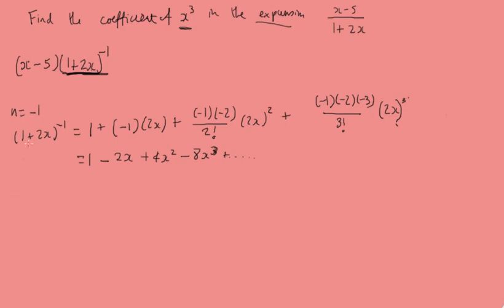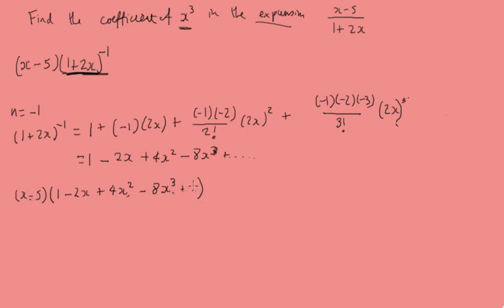Now we take what we had originally, so we had our x minus 5, and then we're multiplying it by our expansion, so we have our 1 minus 2x plus 4x squared minus 8x cubed, plus and so on. Now we have to multiply out the bracket. And because we have an x here, that's going to mean when we multiply this, we're going to get another x cubed. And when we multiply this by this, we'll have an x cubed here.